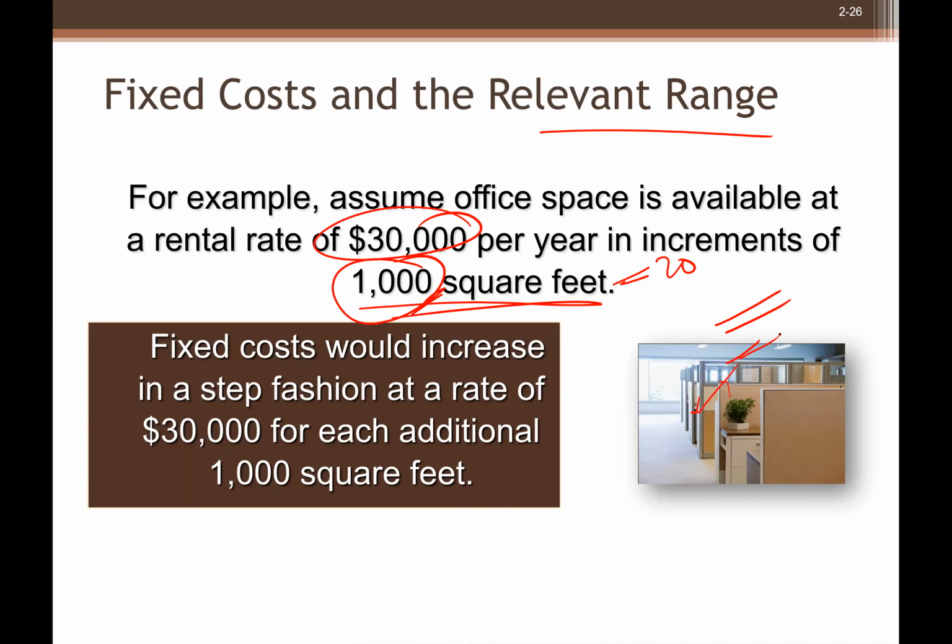This kind of cabins. But what if your employees now increase to 25? Can you increase by 200 square feet? No, because rental is only available in proportion to 1,000. So whether you want to hire one more person or another 20%, the rent would be the same. If you hire up to 25 and you don't have much space, how much space do you need?